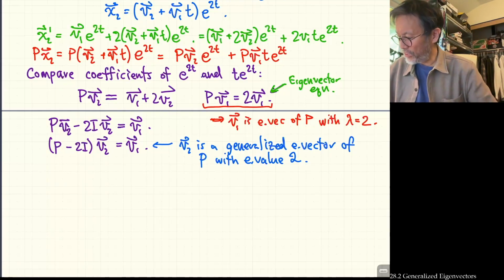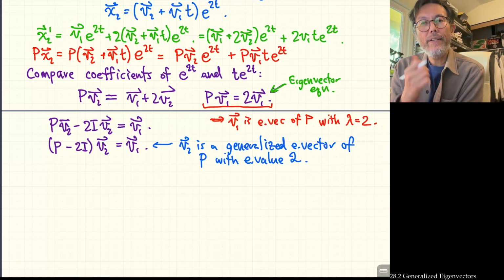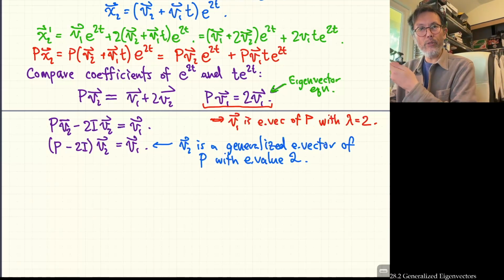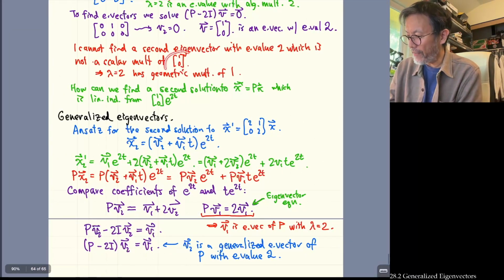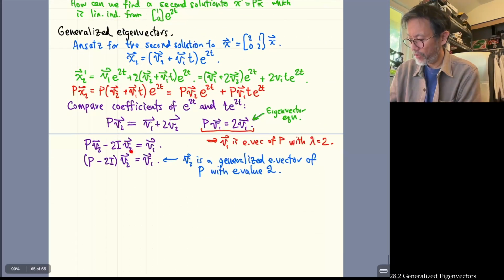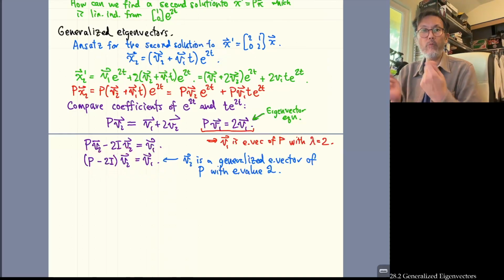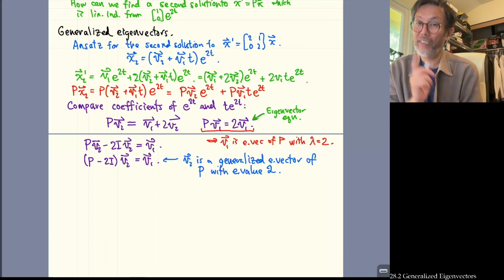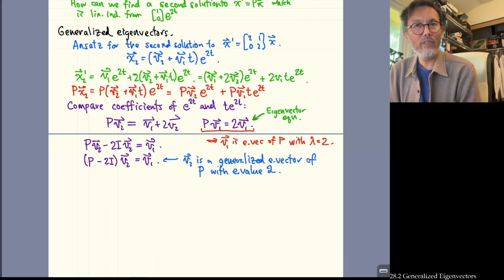So this is just names, I'm not too worried about that. But the point is that if we can figure out v1 and v2, and we found v1 already, it's an eigenvector, it's (1, 0). If we can find a v2 which satisfies this equation right here, then we can assemble this ansatz, and we'll have found our second solution. A second solution which, by the way, is linearly independent precisely because this t is present in the solution.